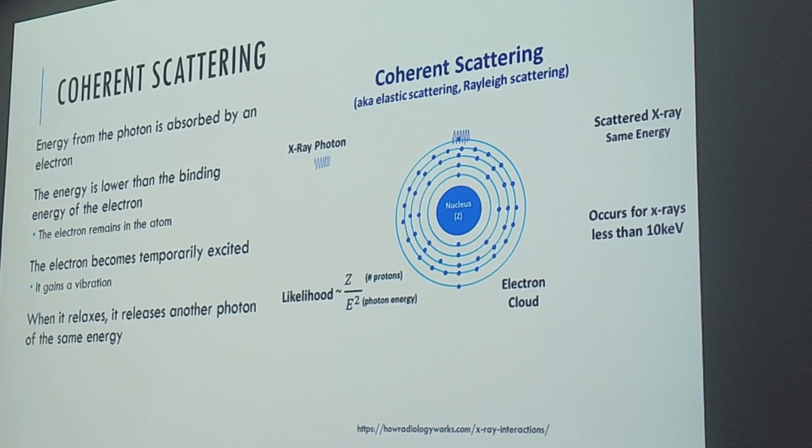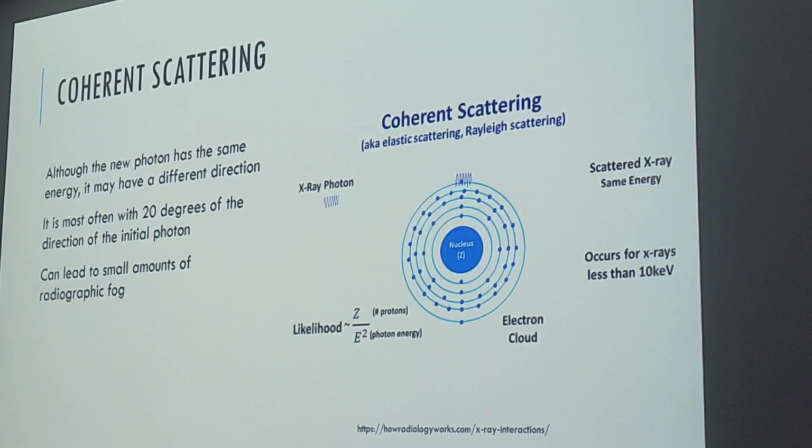Because it has really low energy, the photon that the electron emits once it relaxes still has the same low energy, so it's going to be absorbed. And this happens in the patient, not in the tube. So it's an attenuated photon, happening inside the patient. Although the photon has the same energy, it may have a different direction.